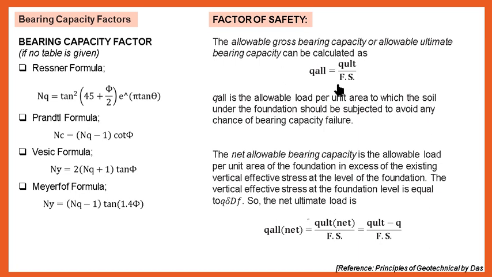Okay? So, the allowable bearing capacity is different from the net allowable bearing capacity. So, you just have to read all the meanings.